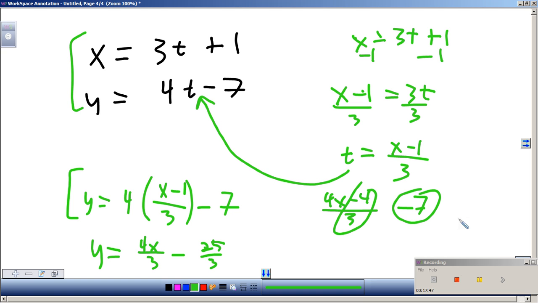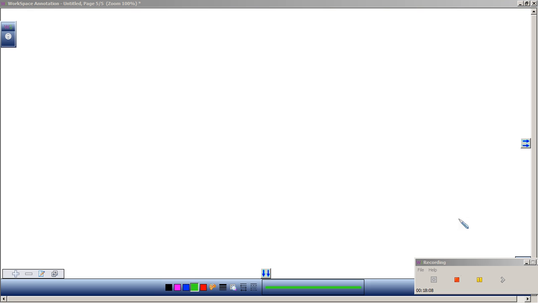And what about changing it from a rectangular form back to a parametric form? Now, there are easy ways to do it and hard ways to do it. And I think your book tells you to do it not the easiest way.